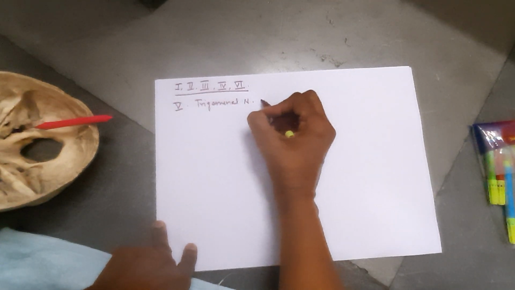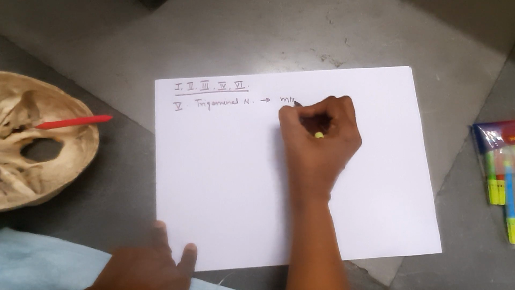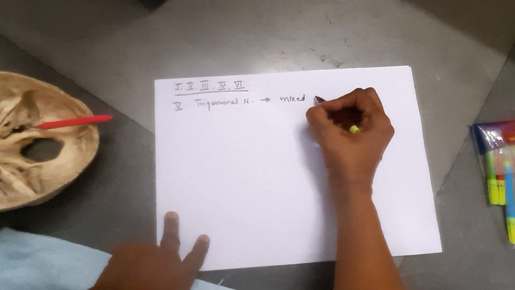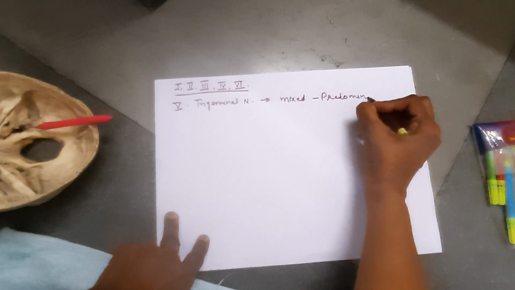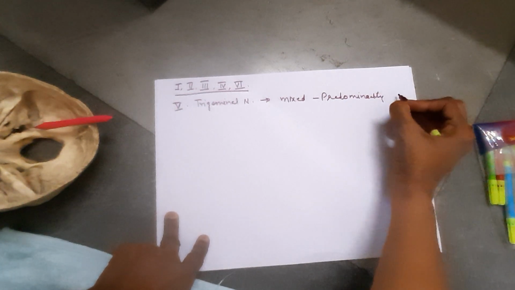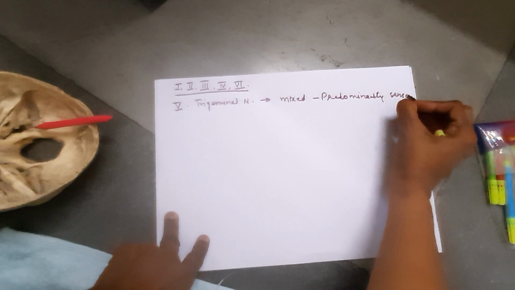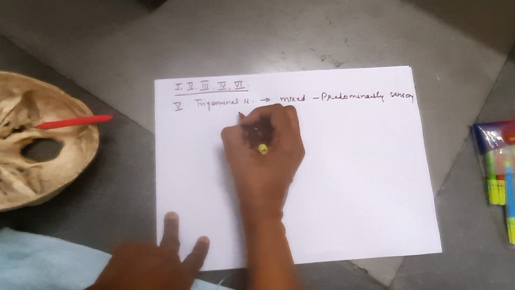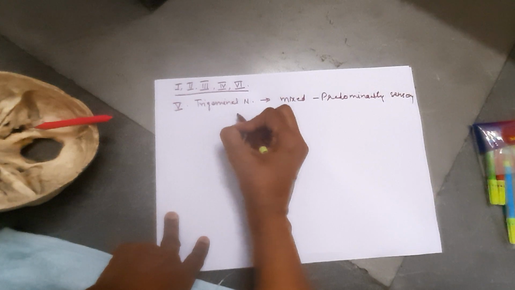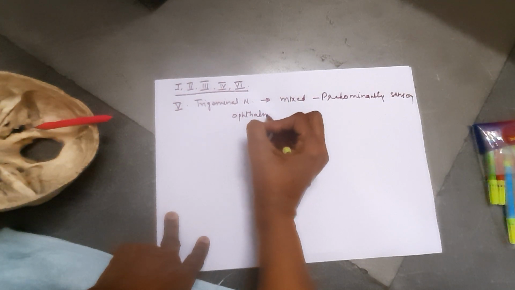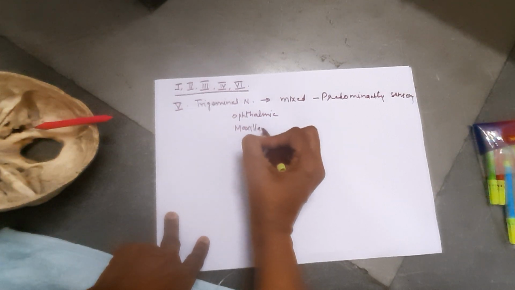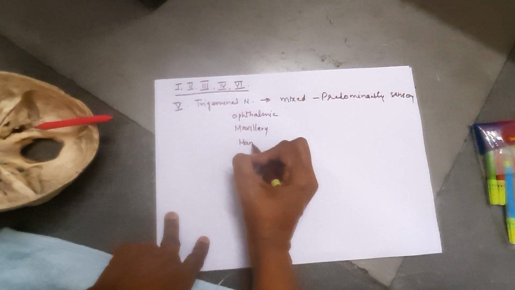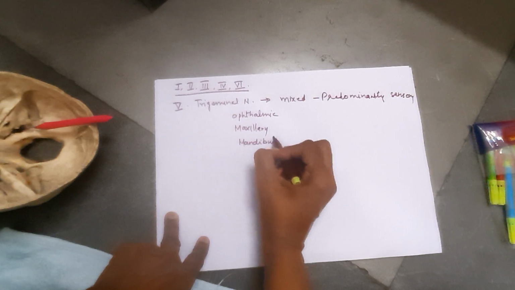trigeminal nerve. This is a mixed nerve, both sensory and motor, but predominantly sensory. It consists of three parts: ophthalmic, maxillary and mandibular.